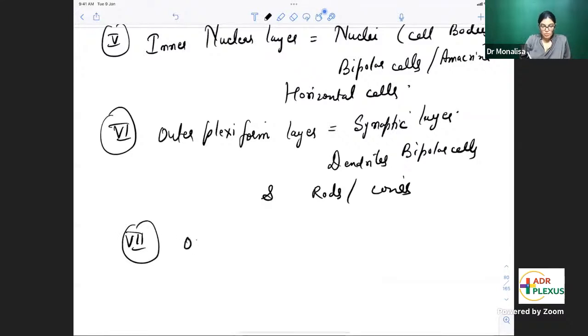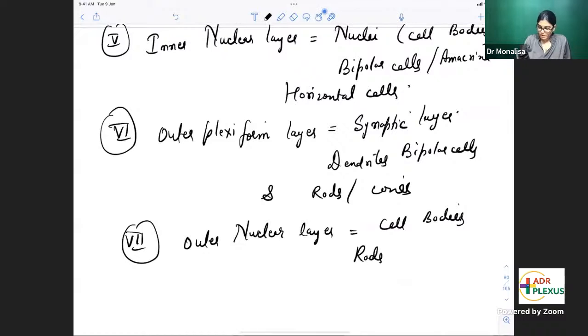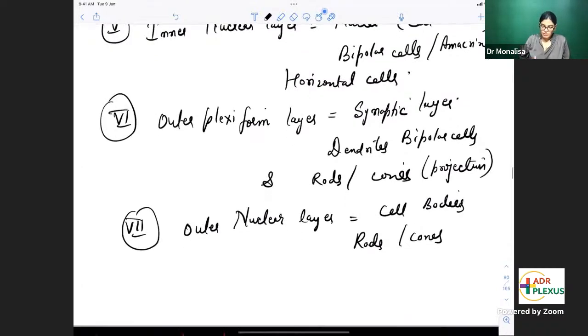The seventh is the outer nuclear layer, which is formed by the cell bodies of rods and cones. Here there is the synapse between the projections of the rods and cones.